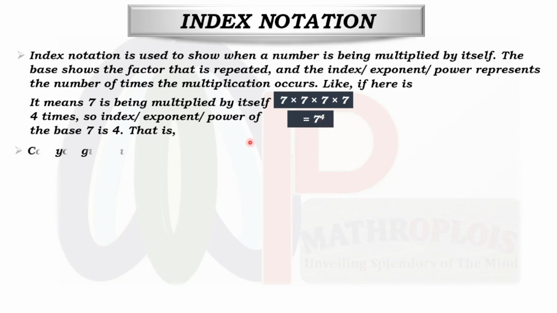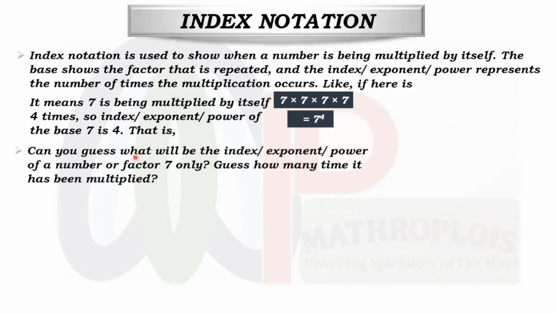Can you guess what will be the index, exponent, or power of a number or factor 7 only? Guess how many times it has been multiplied? Here is number 7 without any power. If there isn't any power written on a base, always remember that the base has its power, 1.